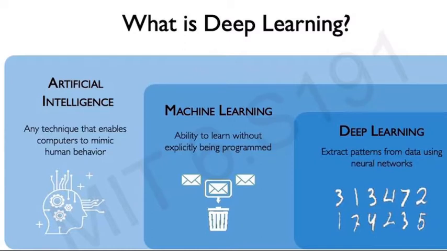So with deep learning now, what we basically mean is a way of extracting pattern from data using neural network. Okay, which means deep learning is a form of a neural network model.